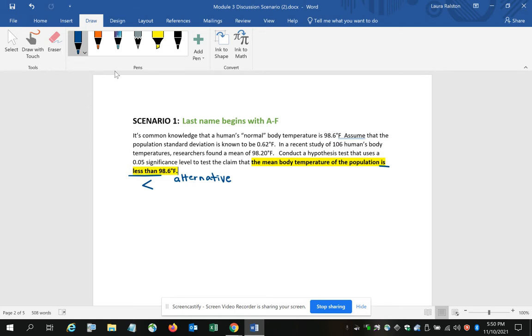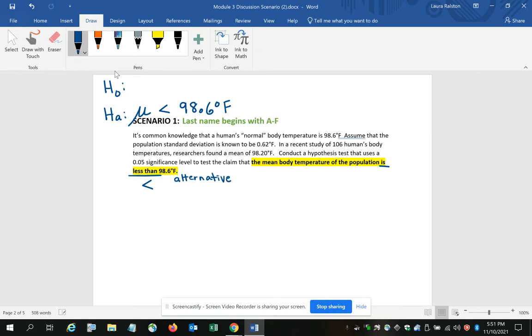So my first step is to state your null hypothesis and your alternative hypothesis. The one that I have highlighted is my alternative, and I'm basically going to take the words and translate them to symbols. The mean body temperature of the population is less than 98.6 degrees Fahrenheit.